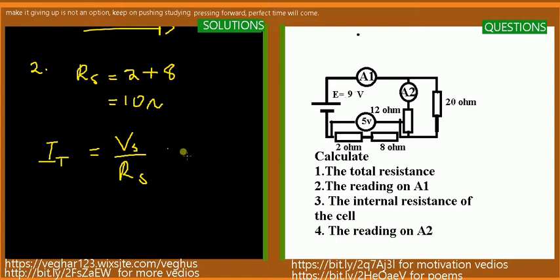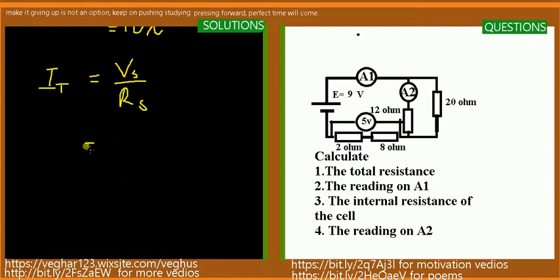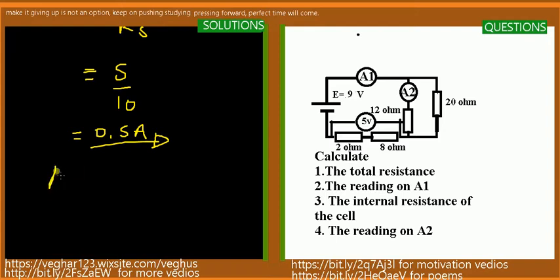So we have 5 volts here, and the two resistors add up to 10 ohms. So the current here is 0.5 amperes. This is the current on A1, so 0.5 amperes.